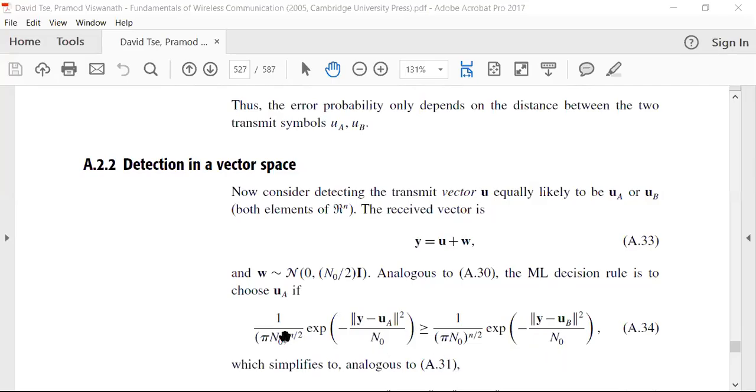So first of all, we have to derive the distribution of a normal Gaussian vector, and this could be easily shown as follows.